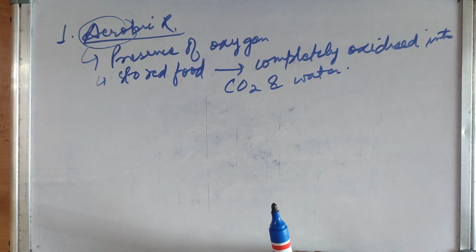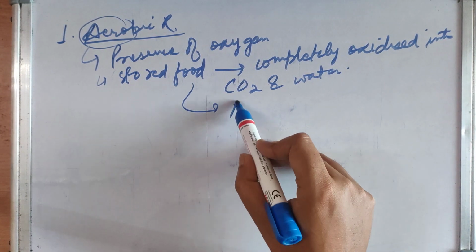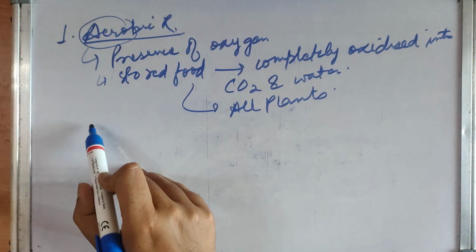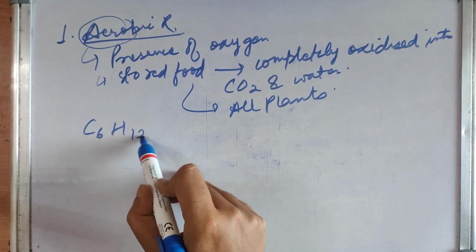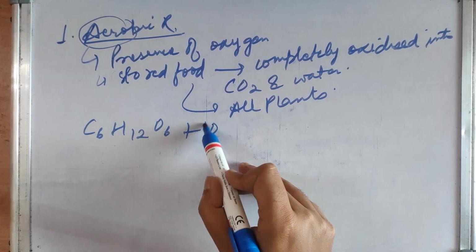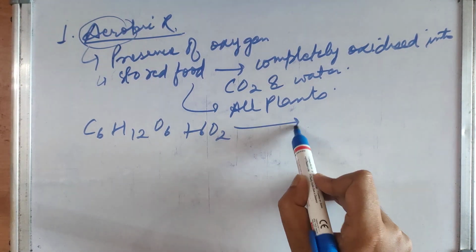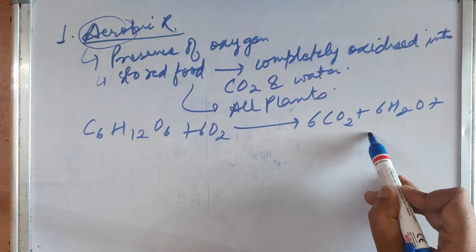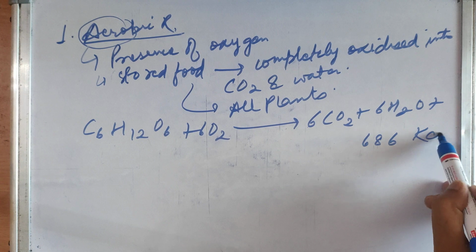It is found in all plants. Mostly plants do aerobic respiration. The reaction is C6H12O6 plus 6O2, and it gives out 6CO2 plus 6H2O plus energy, which is 686 kilocalorie.